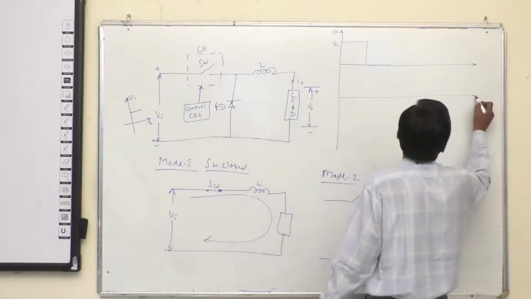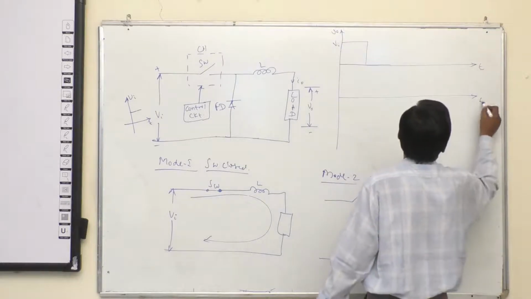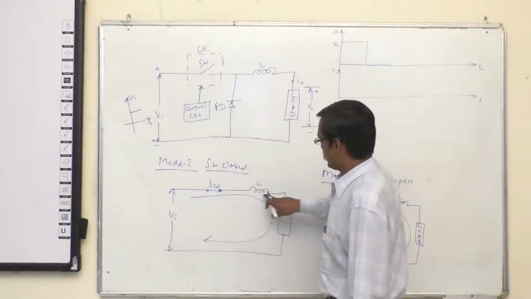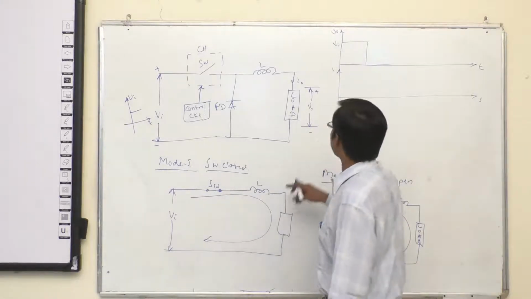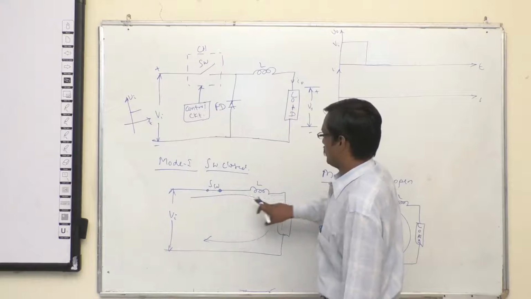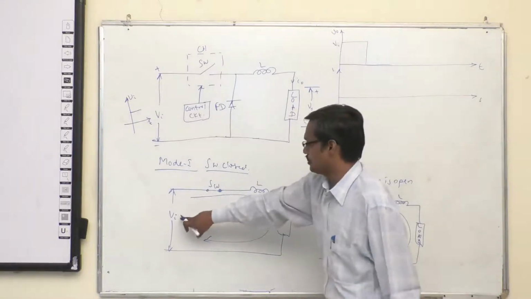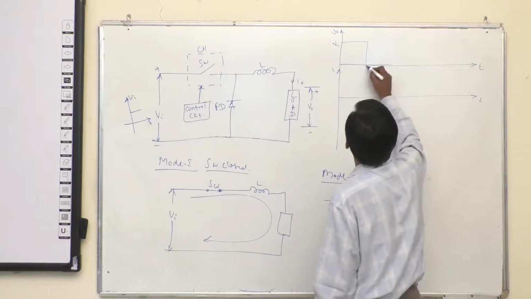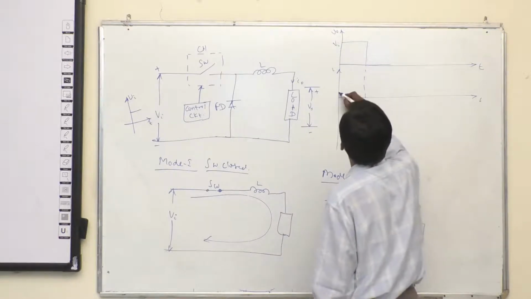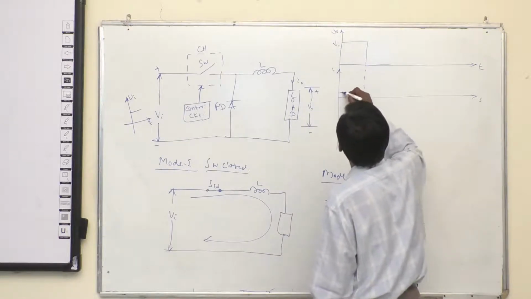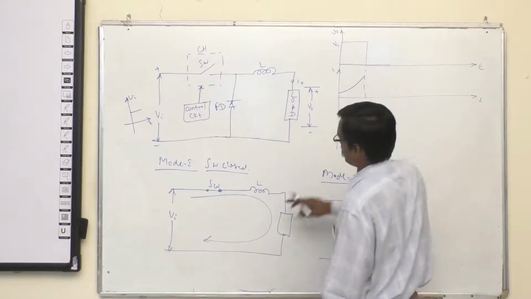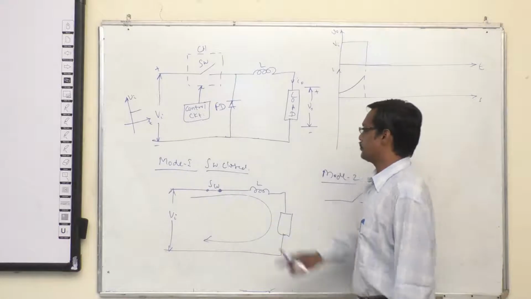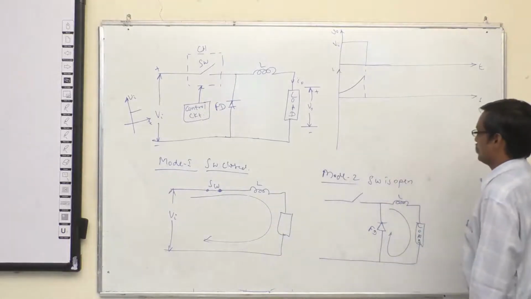Before that, I will draw the current waveform also. You see here, the current is flowing through the load. When the switch is on, the current builds up from some point I1 to the maximum point. At the moment when the switch is open, the input current becomes 0.